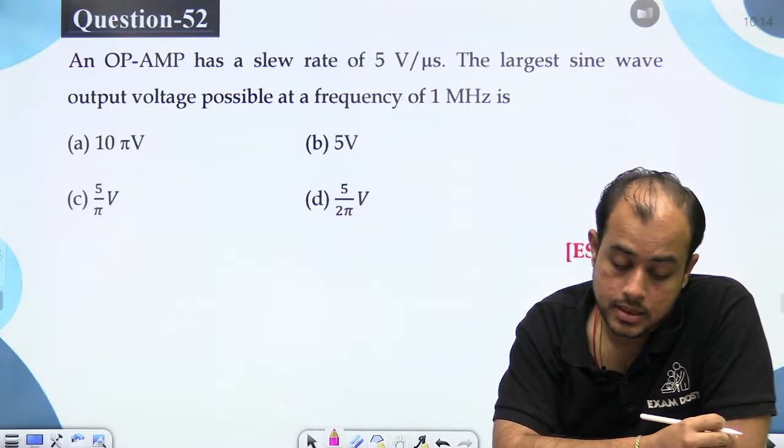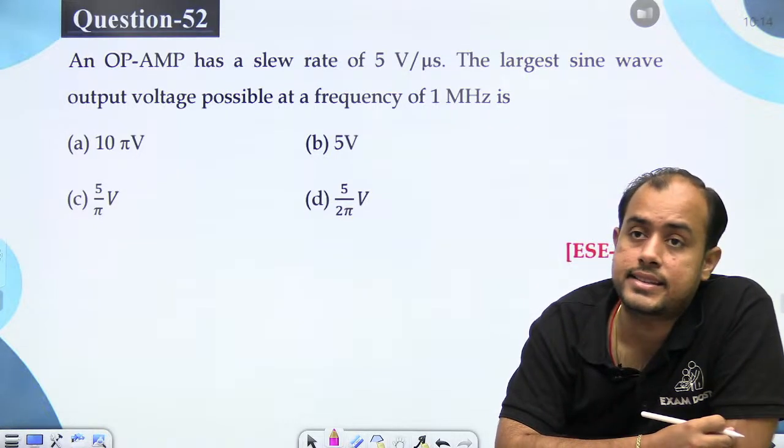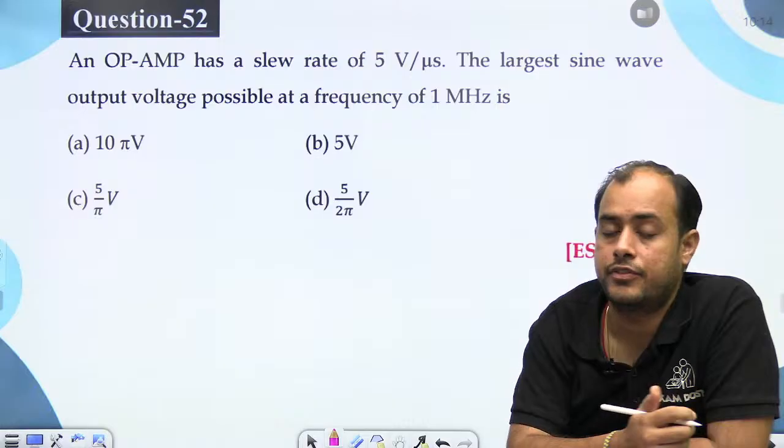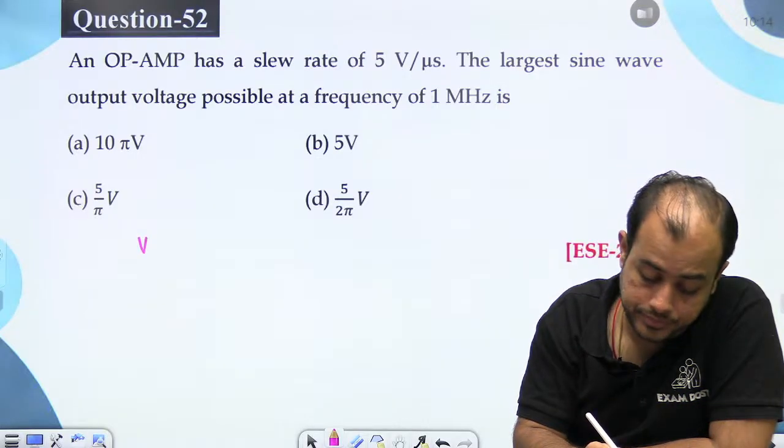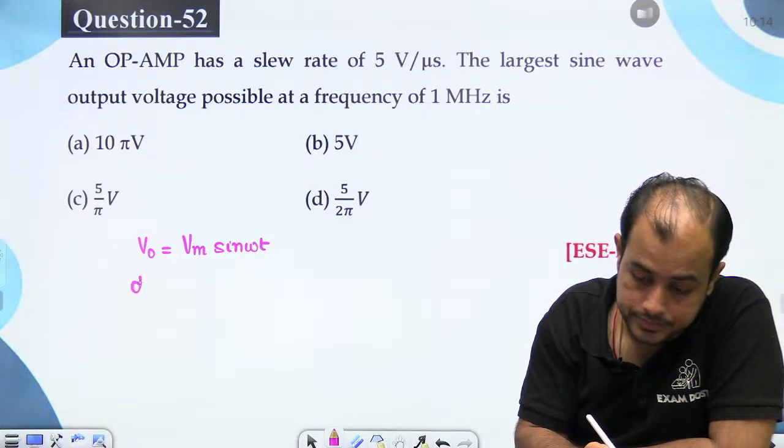Okay. Slew rate is given. ESE 2013 largest sine wave output at 1 megahertz. Suppose this is output.